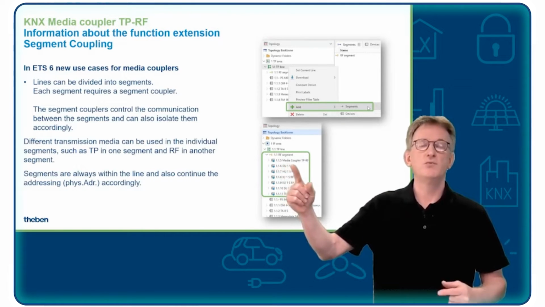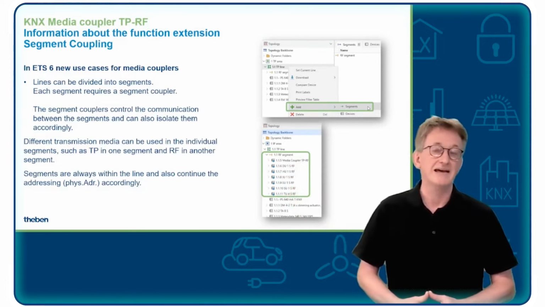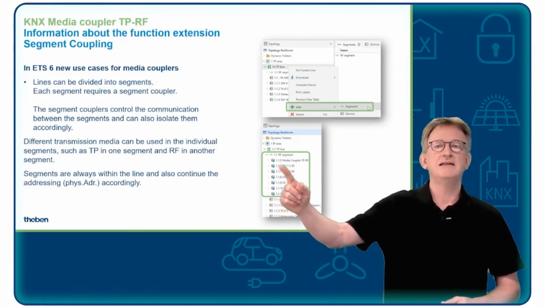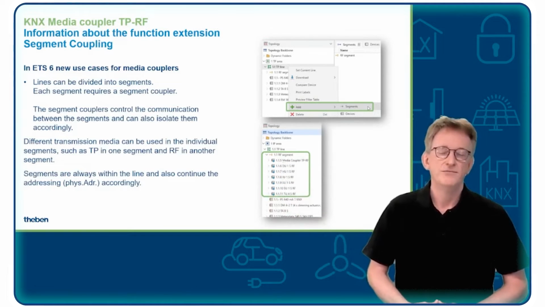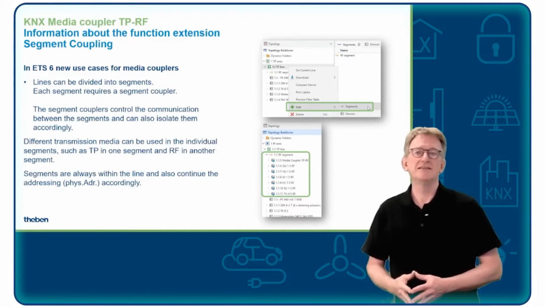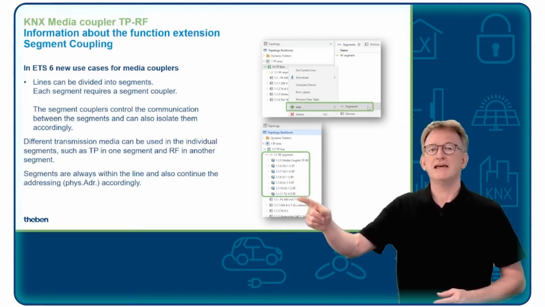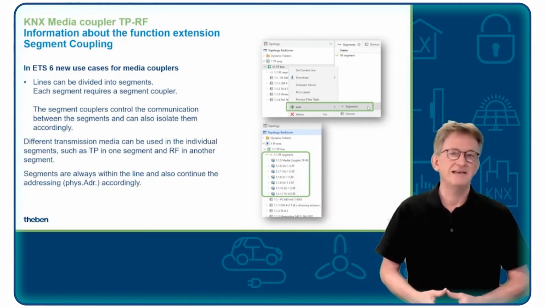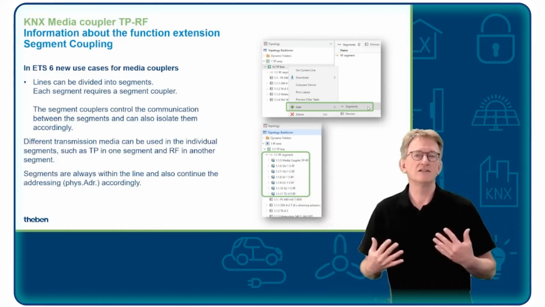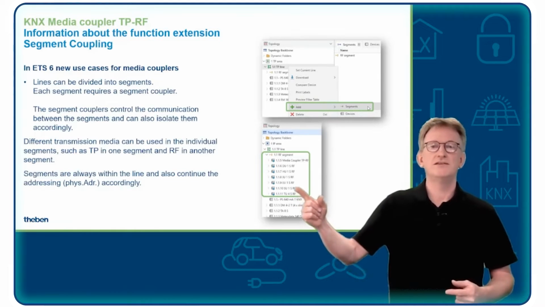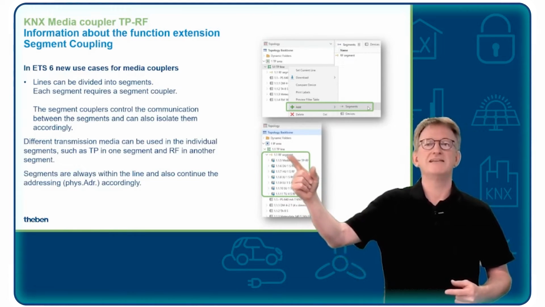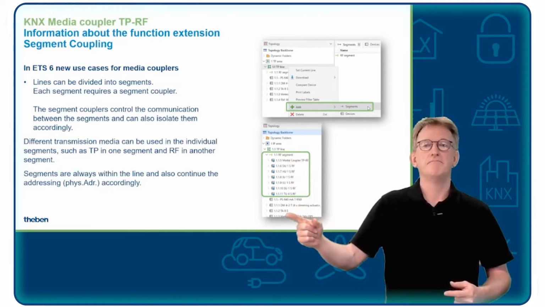The media coupler will then no longer work as a line coupler. As you can see, it has just a standard physical address from the existing line, but also all the other actuators within that RF segment will get just a valid physical address from the existing TP line.